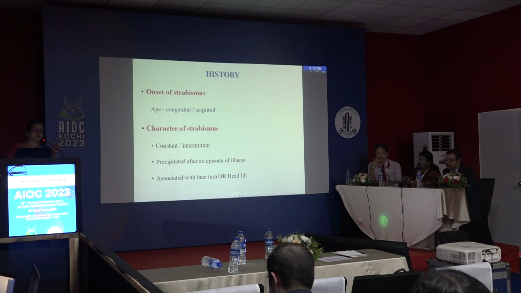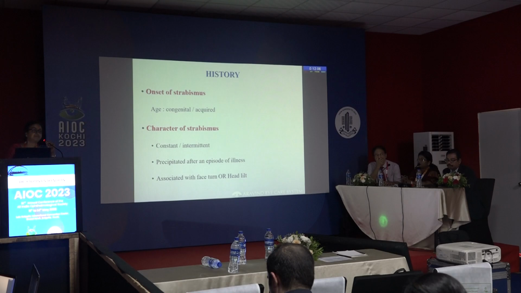And then the character of strabismus, because some of these strabismus can present later in life, or initially they would be intermittent, latent, intermittent, and then become constant. So the character of the squint is very important. And also to know if it is precipitated after an episode of illness. Mostly the intermittent exotropias can sometimes be precipitated, or viral illnesses can present as sixth nerve palsy.